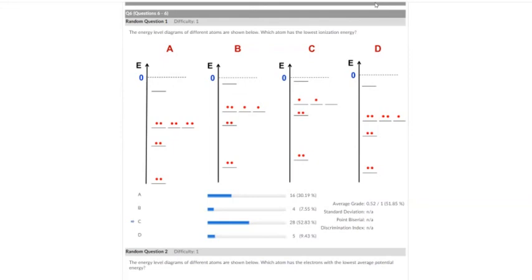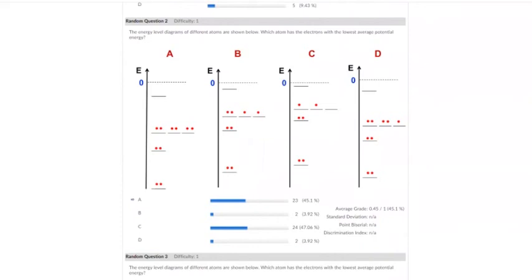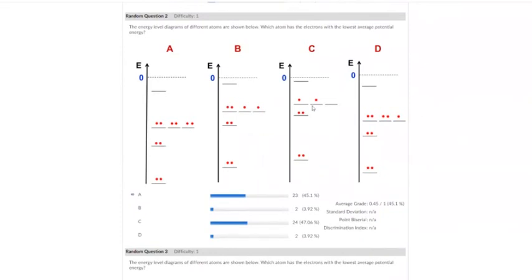Okay, let's do another one. Again, same diagrams. Which atom has the electrons with the lowest average potential energy? Lower potential energy means stronger attractive interactions, right? So the closer you are to the nucleus, the stronger the attractive interactions.